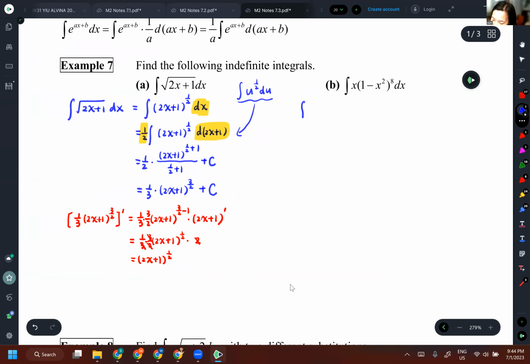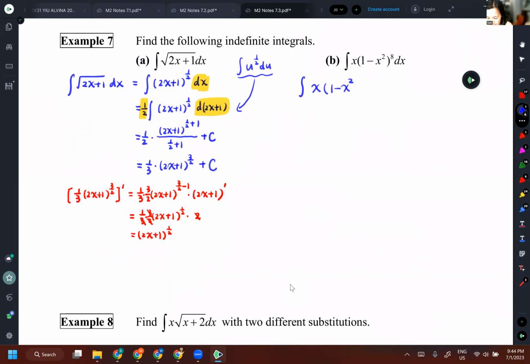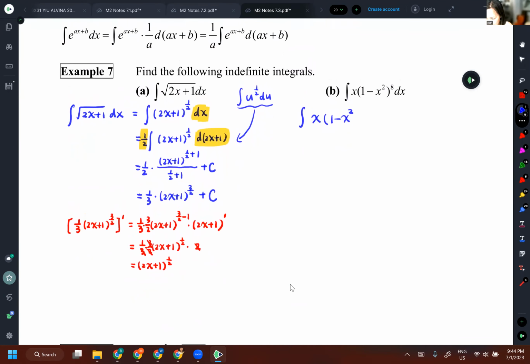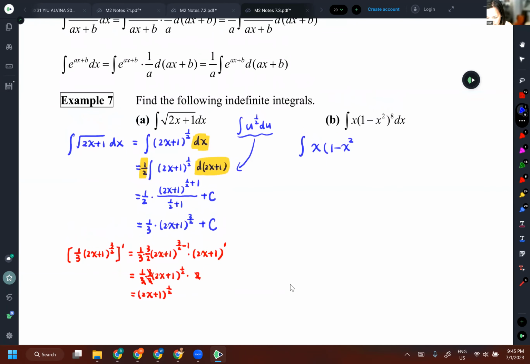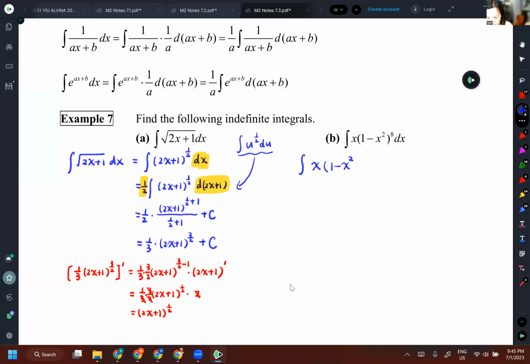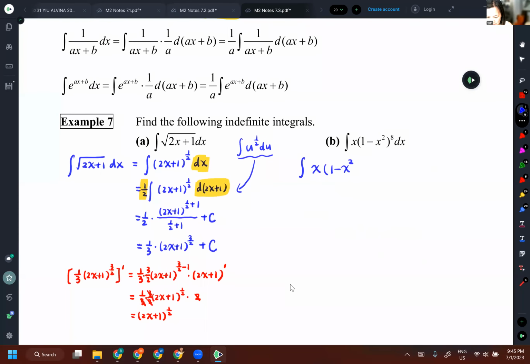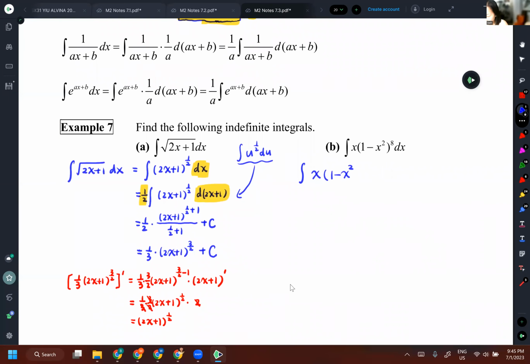I'll show you another example. For part B, okay. Sorry, not this example.